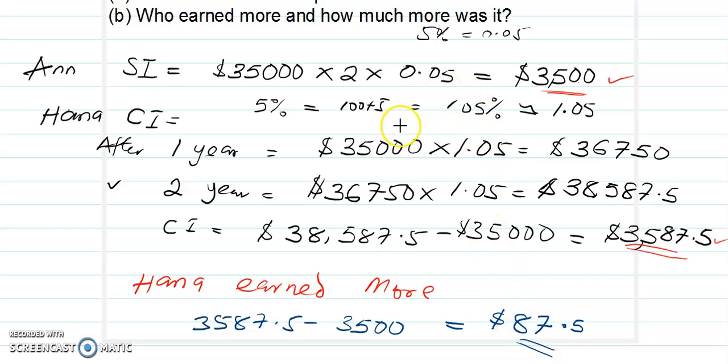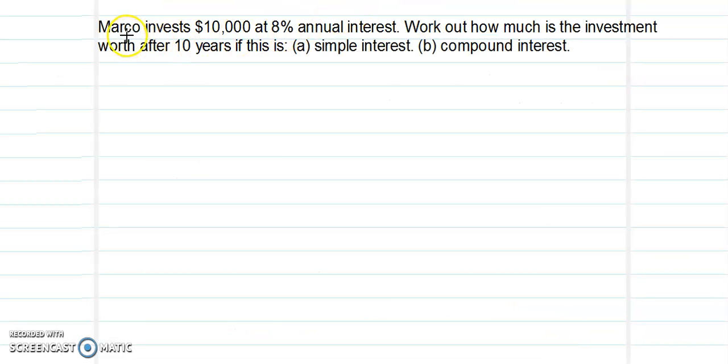Now I see that in compound interest we have to calculate it one after the other. Now look at this question. It says Marco invests $10,000 at 8% annual interest.